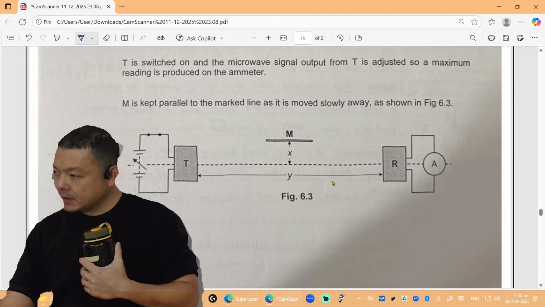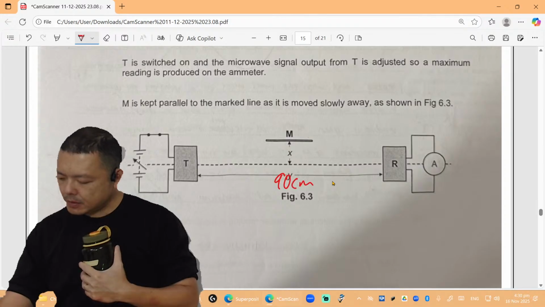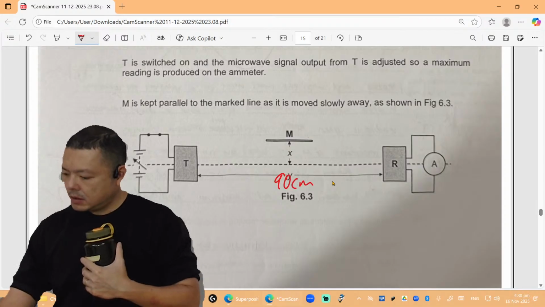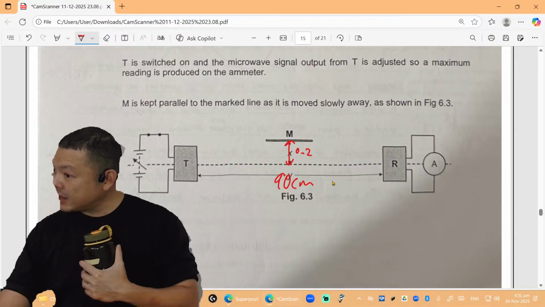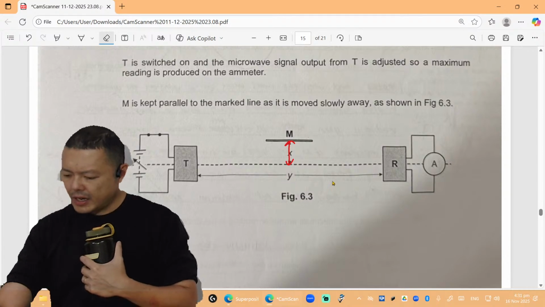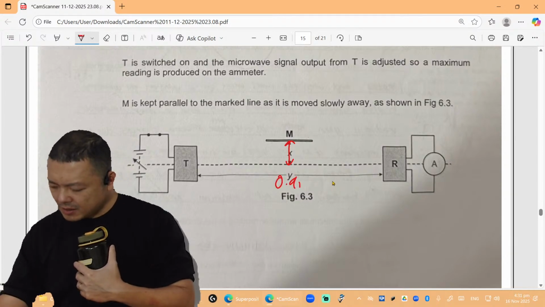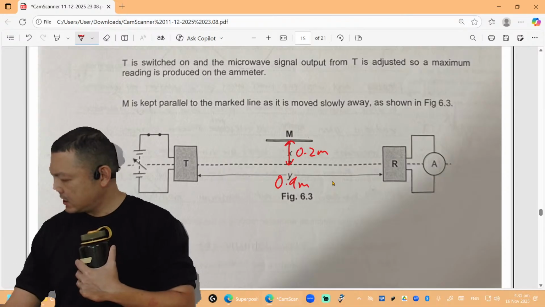Is that it, 90 cm? Okay, 90 cm. And X is 0.2 cm or meters? Okay, 0.9 meters, 0.2 meters. Is that right? Okay, good.